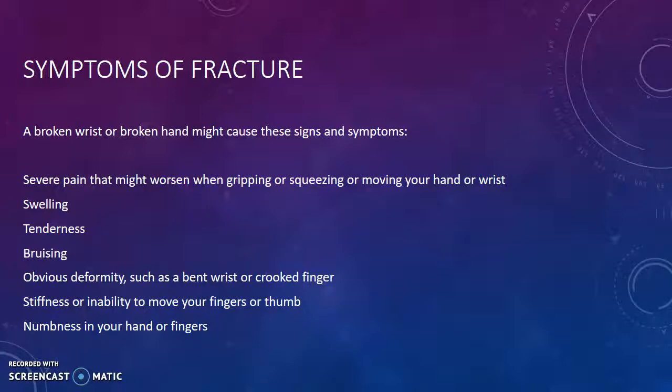Osteoarthritis is also another rare complication that can come from a broken hand or wrist. This can come from fractures that extend into the joint. It can cause arthritis in later years. And the last one would be nerve or blood vessel damage.